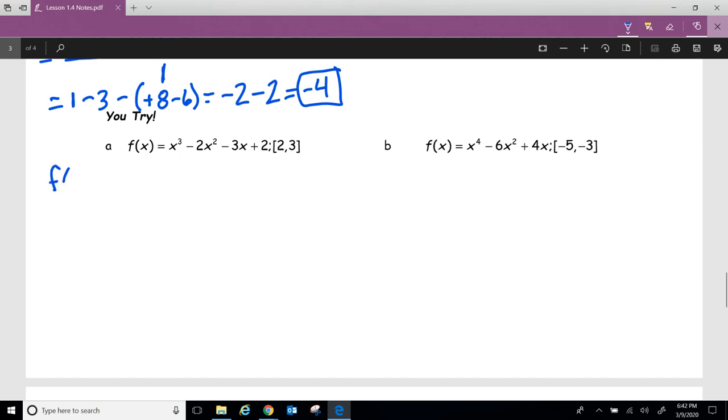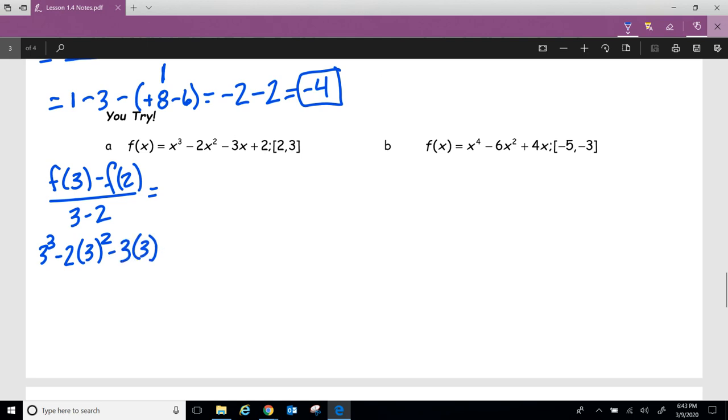So we've got f of 3 minus f of 2 all over 3 minus 2. And I'm going to put this down here. So I've got 3 cubed minus 2 times 3 squared minus 3 times 3 plus 2.